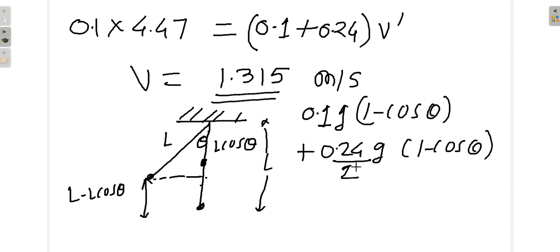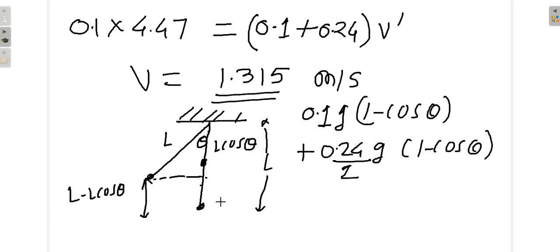This is the negative work done, so the total work is negative. Of course, the kinetic energy is also finally 0, and initial is half mv square, and therefore the change in the kinetic energy is equal to work done principle we can apply very easily. So what is the initial kinetic energy?